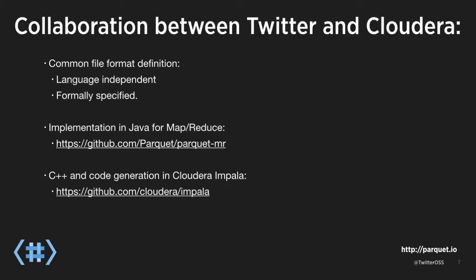So the format is formally specified because we have 2 implementations of reading and writing it, one in Java and one in C++. And it gives you an important need of looking at things like using little endian for ints, for example, so that Impala, which is written in C++, can cast a byte array into an int array automatically and have much more efficient access to it.